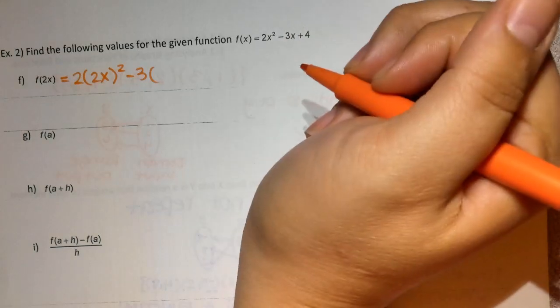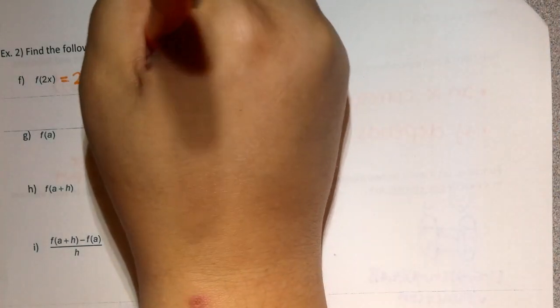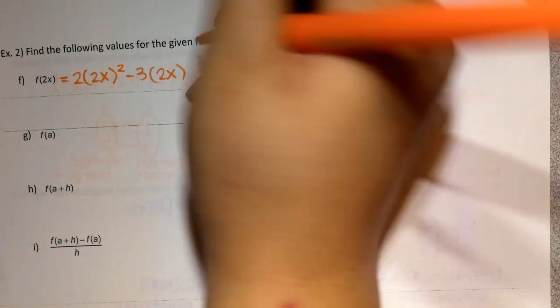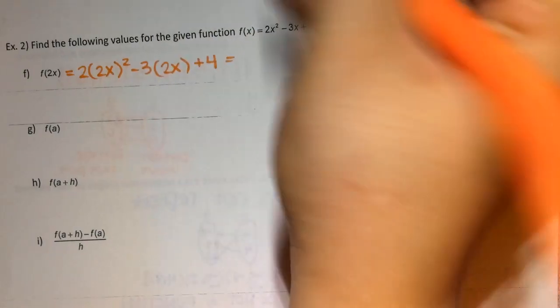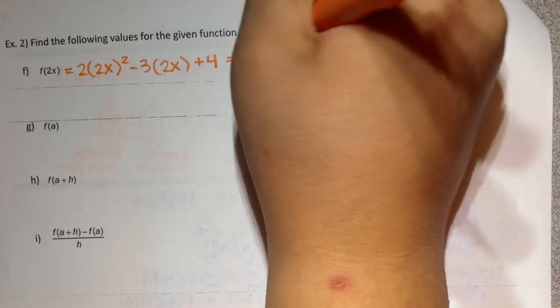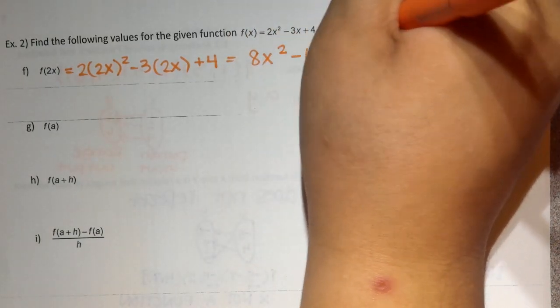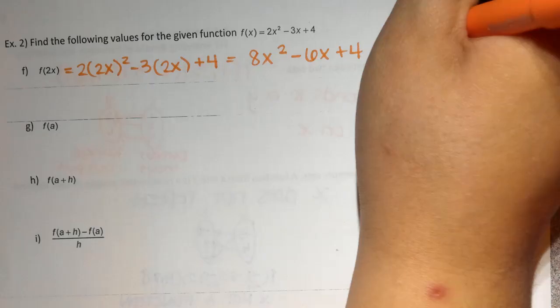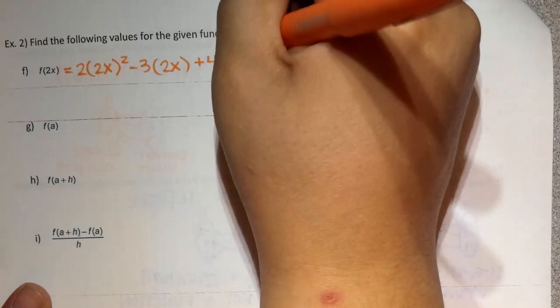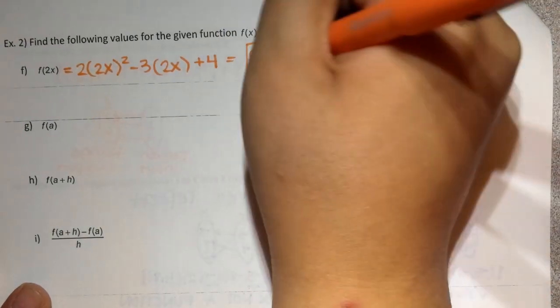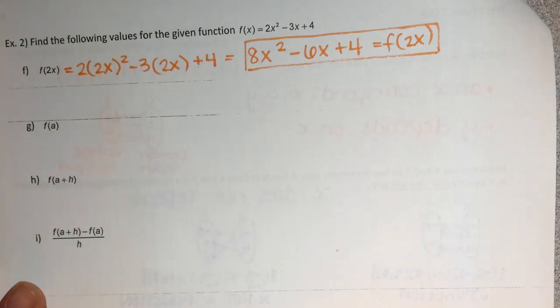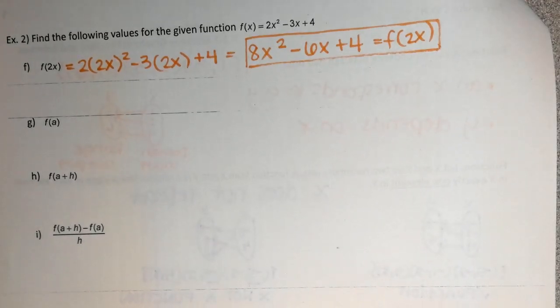Be careful. 2 times 2x squared. 8x squared. Does everybody see how I got 8x squared? Because you got to do 2 squared and then multiply that by 2. I got minus 6x plus 4. Are we okay with that?